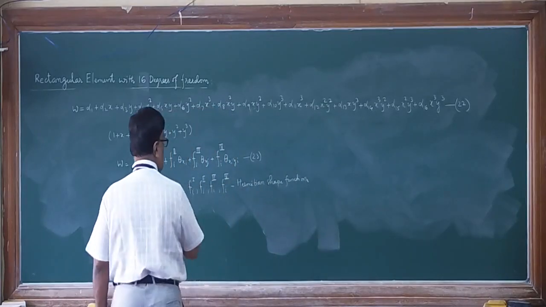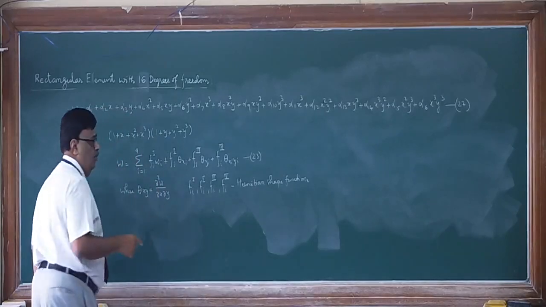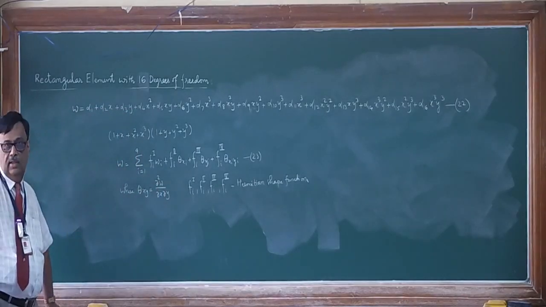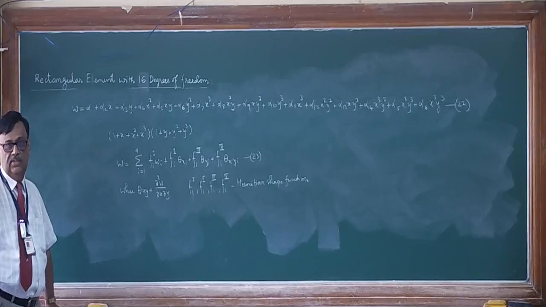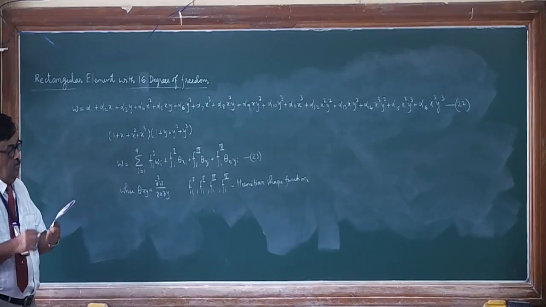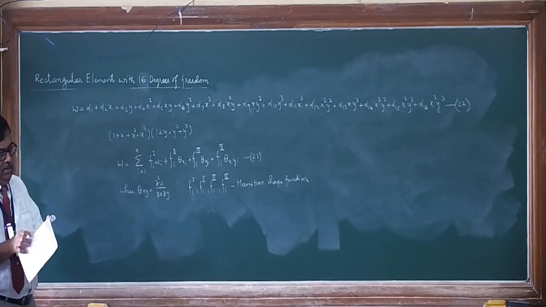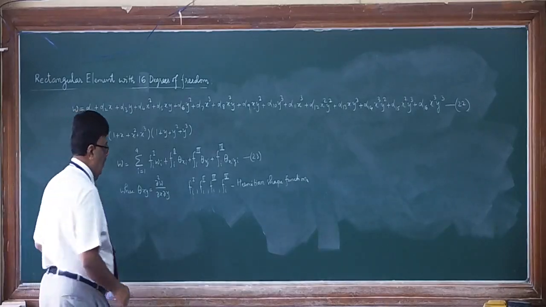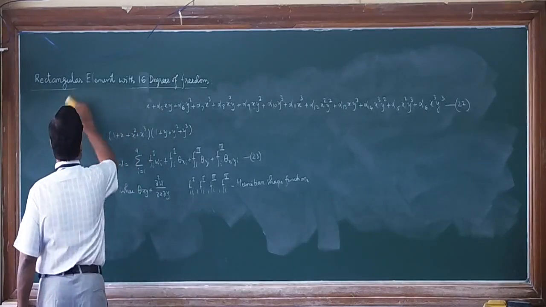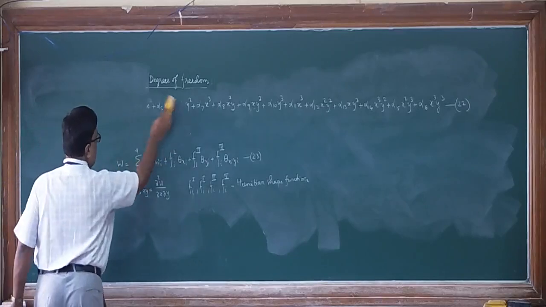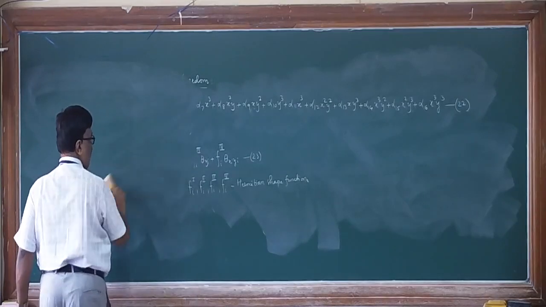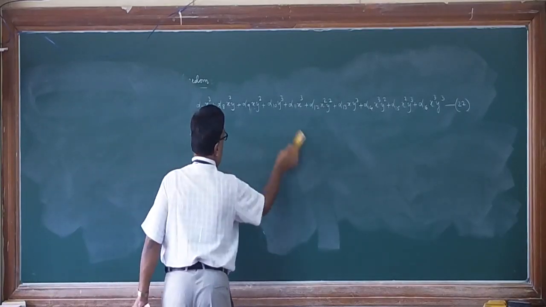Of course, there are totally 16 shape functions going to be defined here. So we will not be going into detail about all these things. So let us quickly write down this. With this there are totally 16 degrees of freedom associated, and we will go for that.